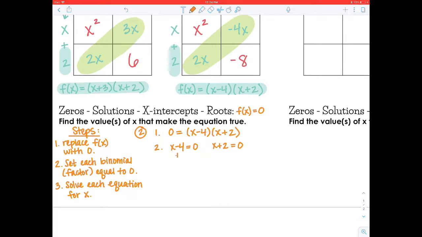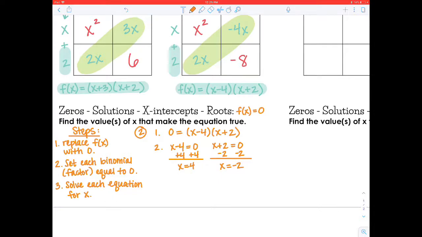Okay, super quick from here, just one step. Do your opposite operation, add 4 to get x by itself. So x equals 4 on that one. Subtract 2 here. x equals -2. So these give us the x values of our zeros.